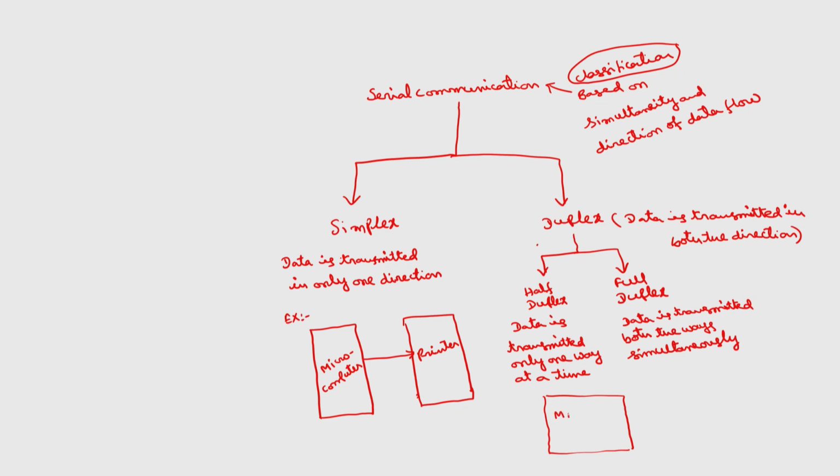This is microcomputer 1 and this is another microcomputer 2. We are going to transmit through a serial link. This is the serial line.